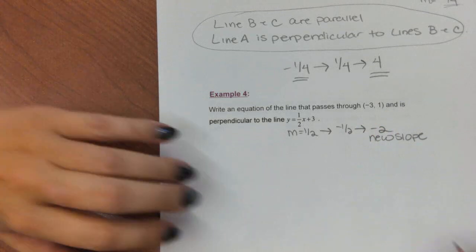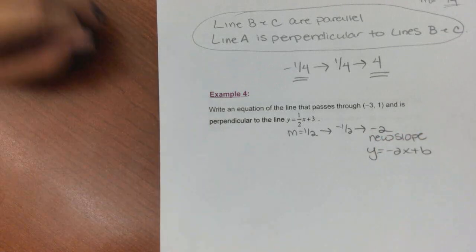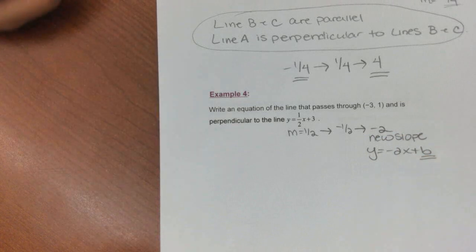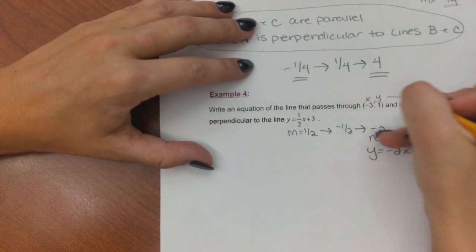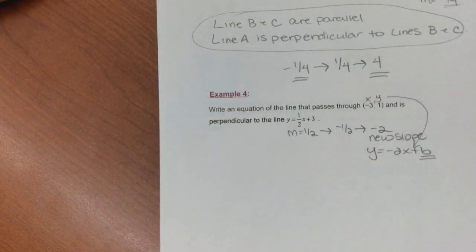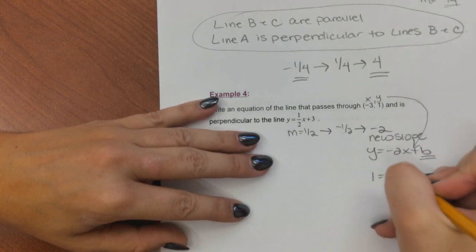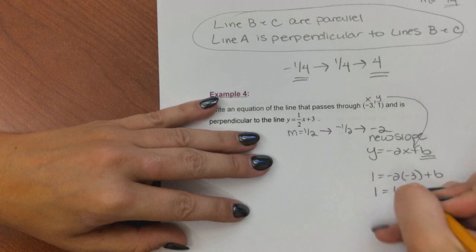So far, my new equation is y equals negative 2x plus b. Once again, we have to figure out what b is. That's where this point comes in, x comma y. Let's plug it in. 1 is equal to negative 2 times negative 3 plus b. That's going to be 6.